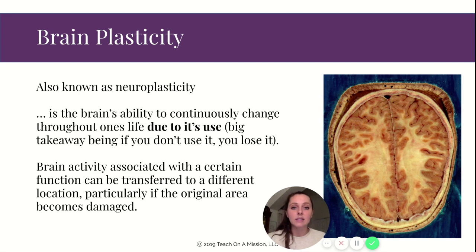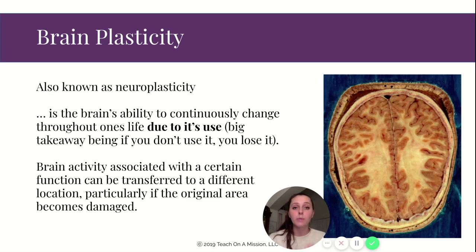And again, like I said, this is almost like it heals itself as well. Sometimes brain activity associated with a certain function can be transferred to a different area, specifically if that original area is damaged. Like we saw in the Secrets of the Mind video for phantom limb syndrome, remember that part of his brain that was in control of feeling sensations on his hand?